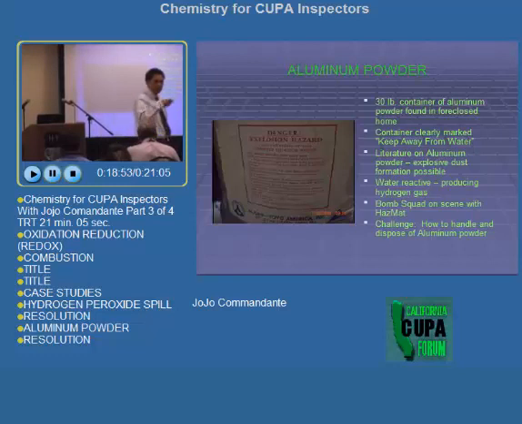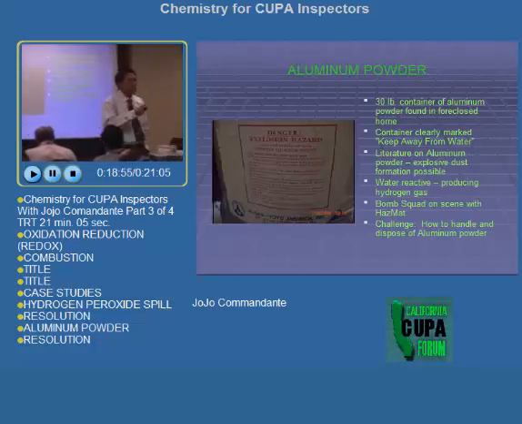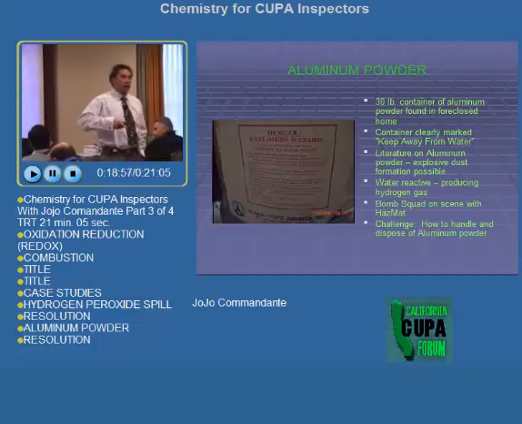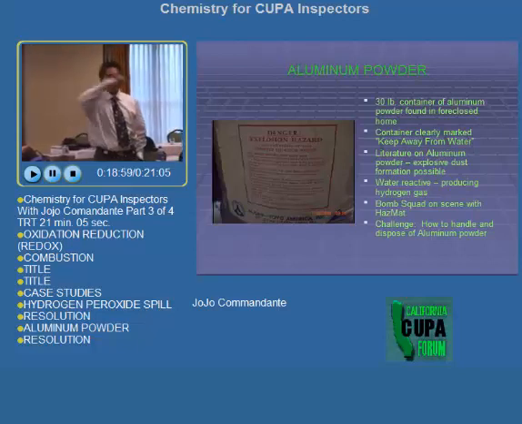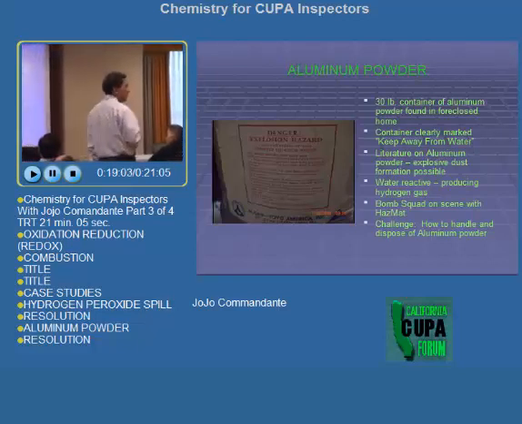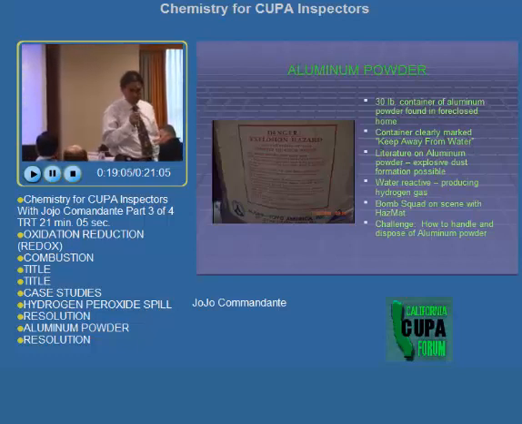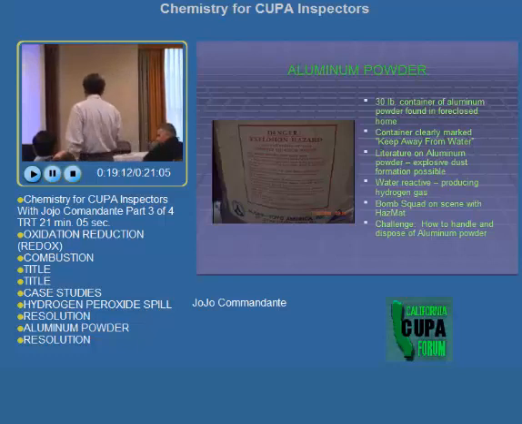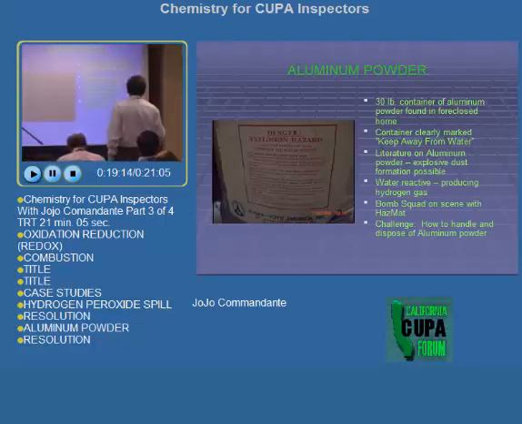Okay, it's not because of the activity series of elements, wherein aluminum can remove hydrogen from acids, but not from water. But in this case, because it's finely divided, it can. It has something to do with the surface area and so on and so forth, but much too detailed for chemistry there. But all you need to know is that it is water reactive, it produces hydrogen gas, and of course, the bomb squad was on scene with Hazmat.